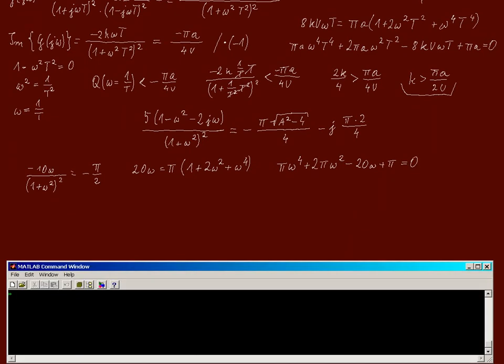And here we need to find the roots of the fourth degree equation. We will use the roots command for this.